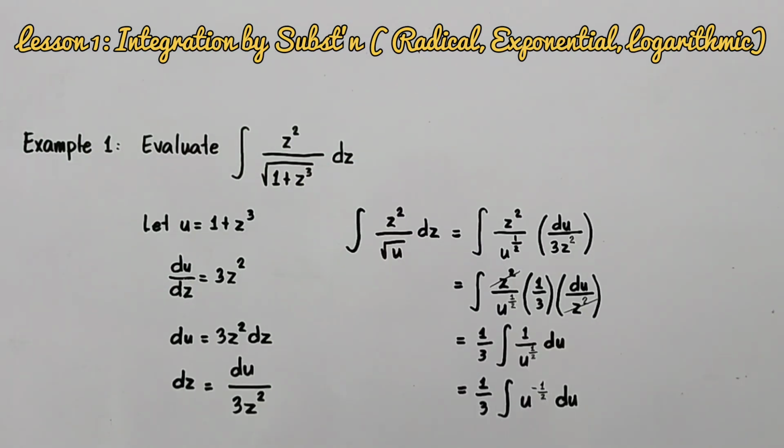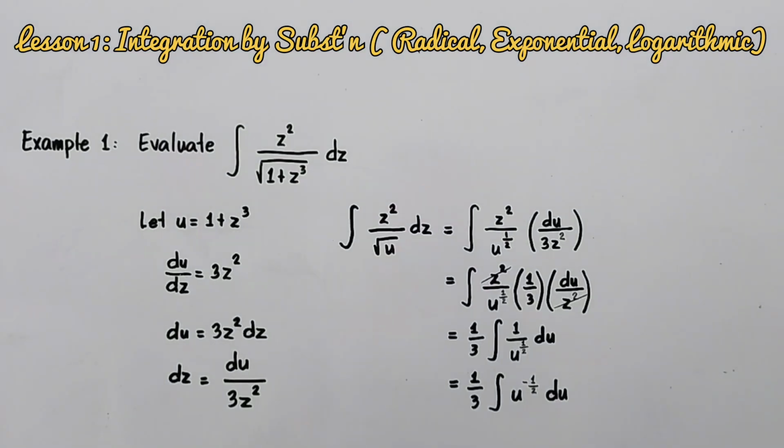By this, we can cancel the z squared, 1 in the numerator and 1 in the denominator, and we will get 1/3 and place it outside the integral sign. That becomes 1/3 times the integral of 1 over u power 1/2 du. We will rewrite this into negative exponent form, and that is equal to u power negative 1/2 du.